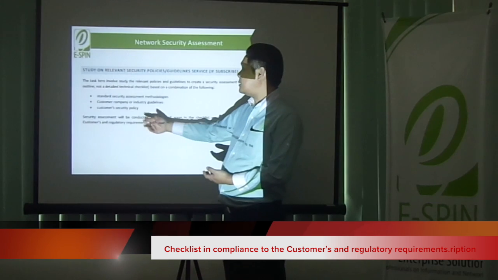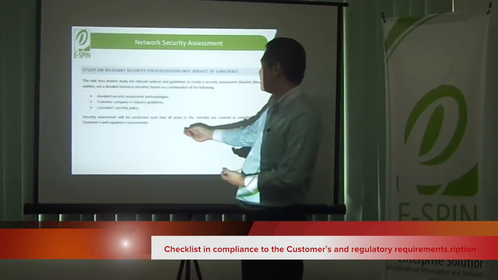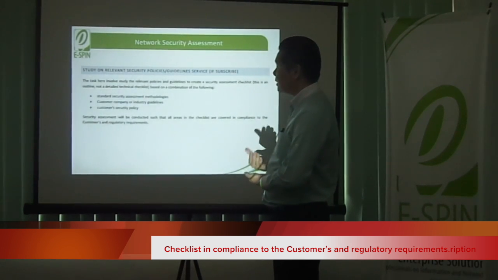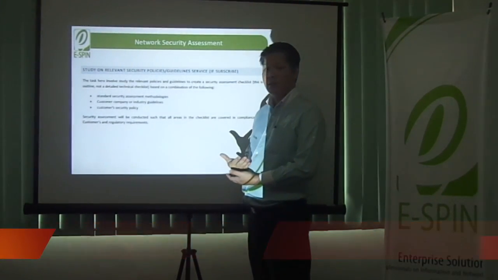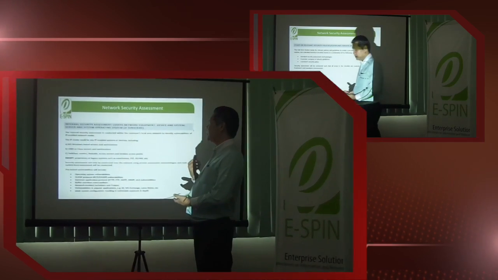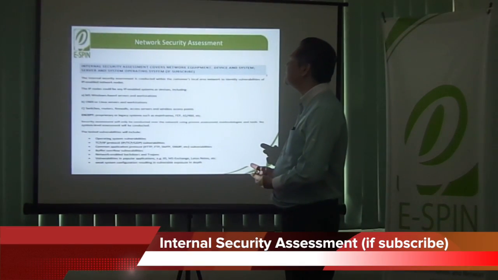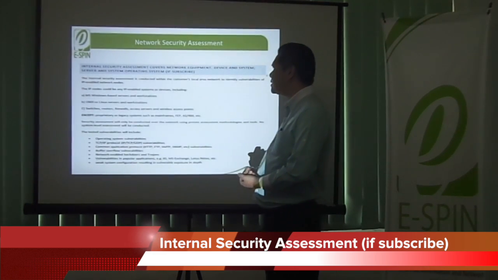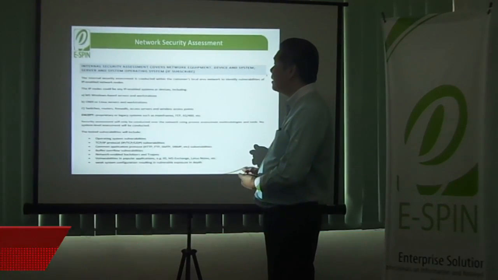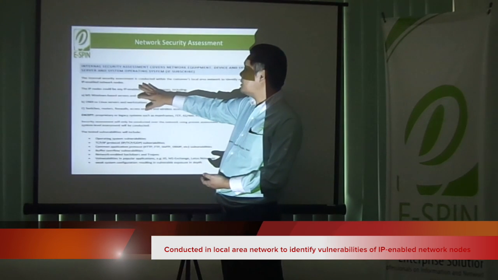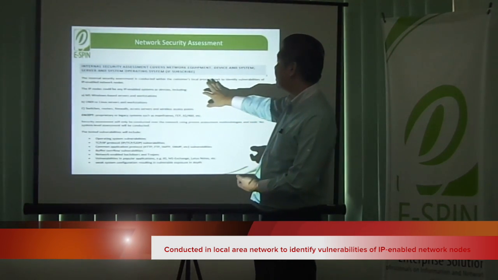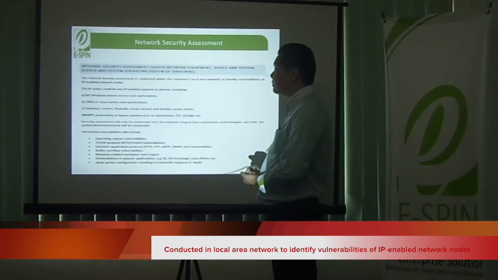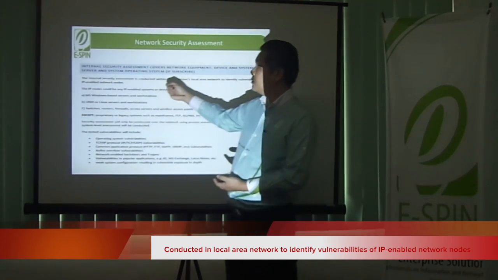So security assessment will be conducted such that all areas in the checklist are covered in compliance to the customer and regulatory requirements. Internal security assessment covers the network equipment, device and system, server and system OS if subscribed. So this internal security assessment is conducted within the customer local area network to identify the vulnerability of IP-enabled network nodes.